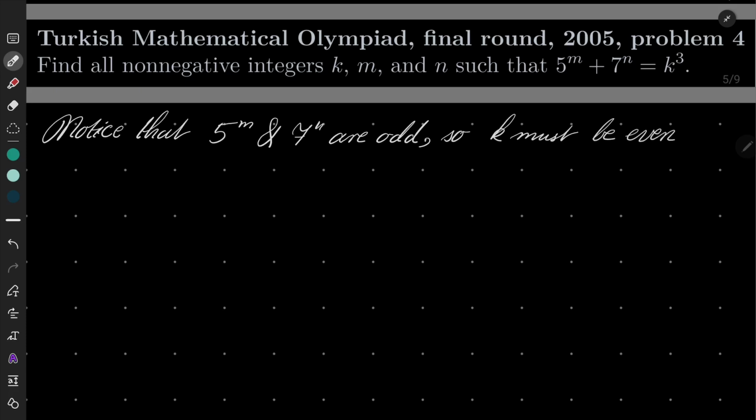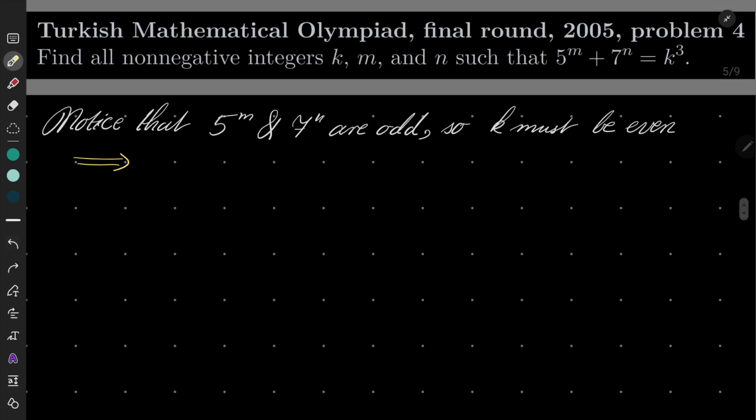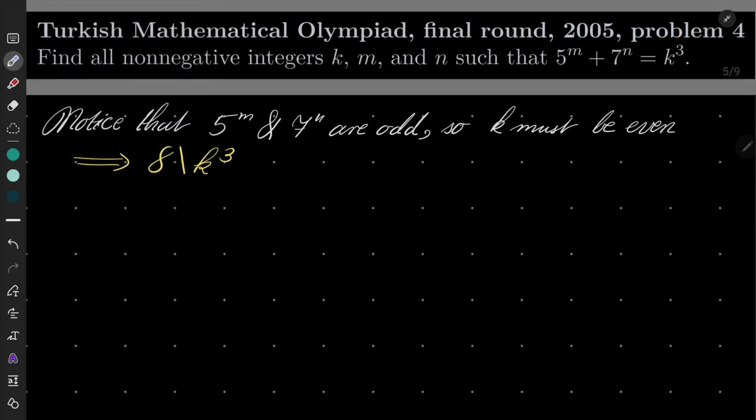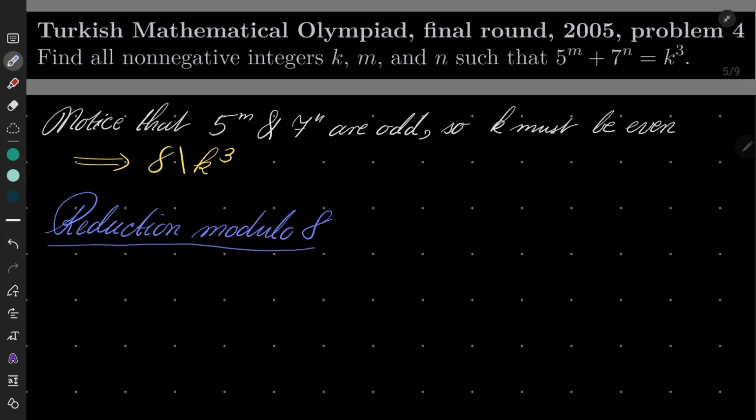K must be even, which implies that k cubed must be divisible by 8. And that suggests a first reduction modulo 8. Let's take a look.